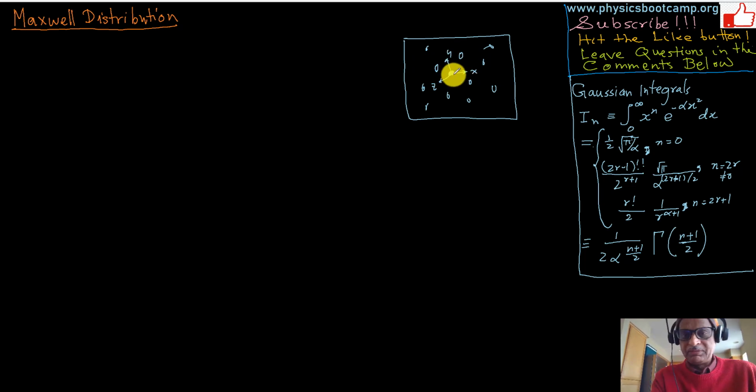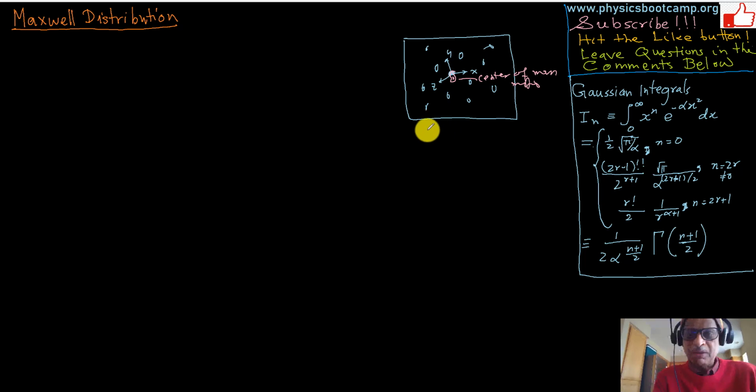If you have an atom, then you just have its motion, but molecule you have atoms combined together. So in case of molecules, suppose you have a molecule like that, you look at the center of mass motion.